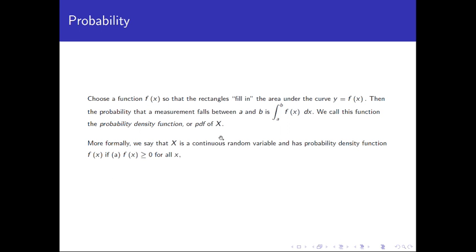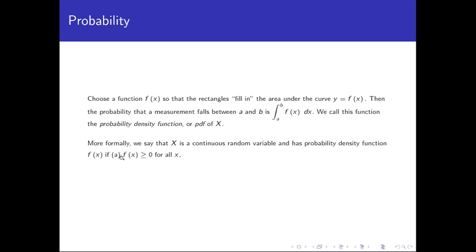So to say this more formally, we say that x is a continuous random variable. The continuous part means that we're drawing these random observations from a continuous data set, and we're letting it vary because it's random. It could be whatever you want it to, so we just refer to that as x, and it has a probability density function little f of x if it satisfies the following conditions.